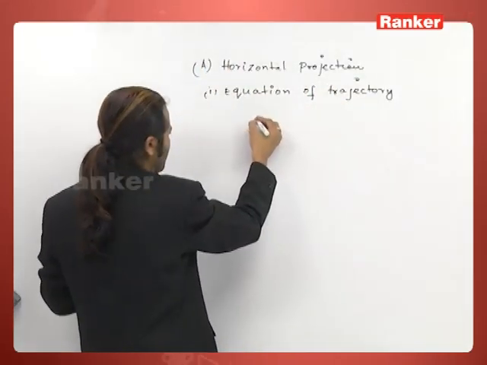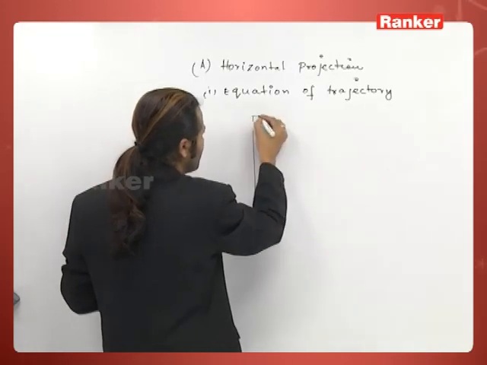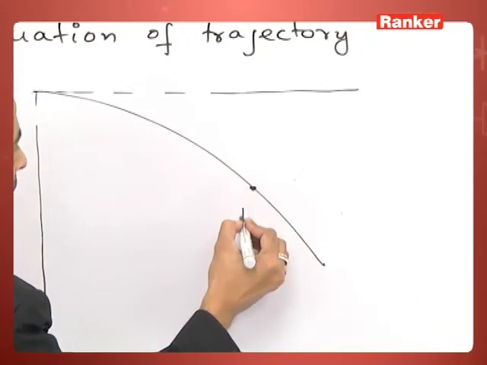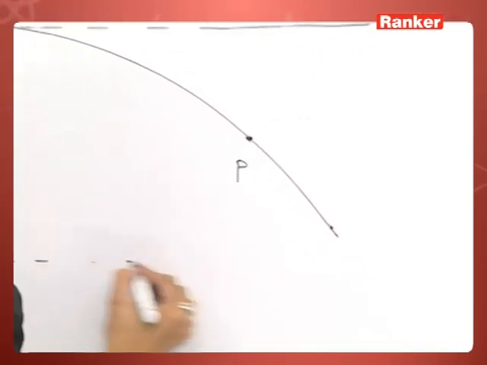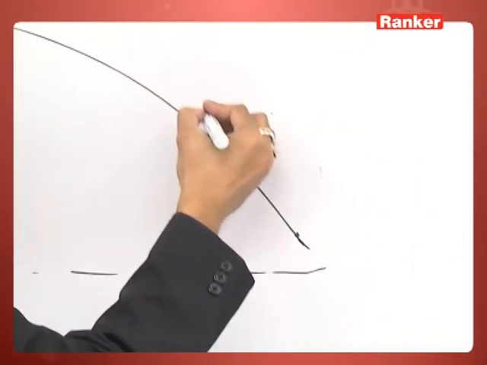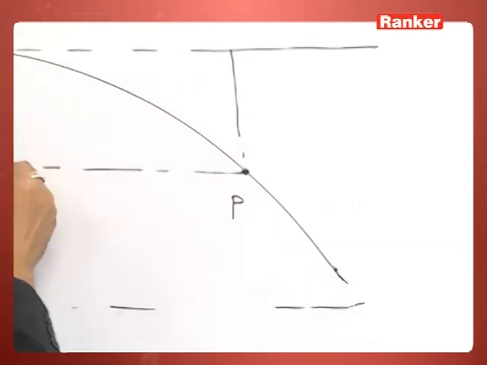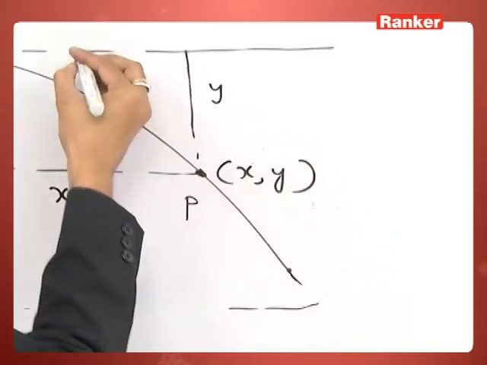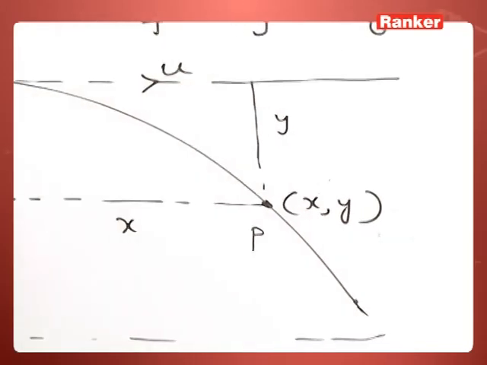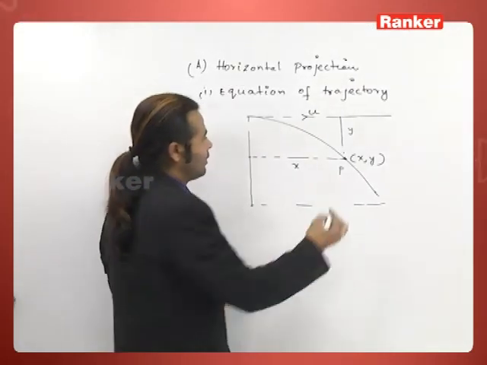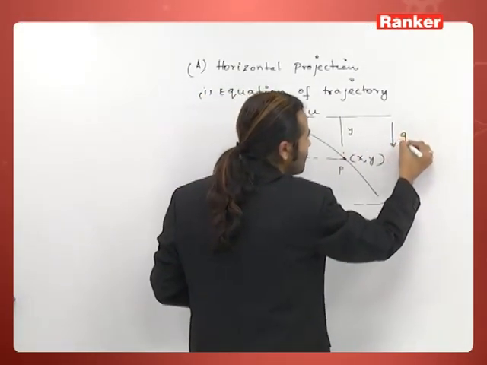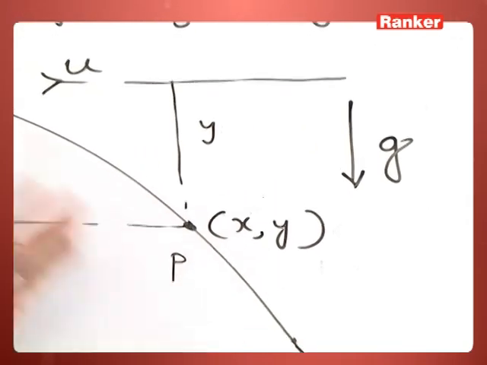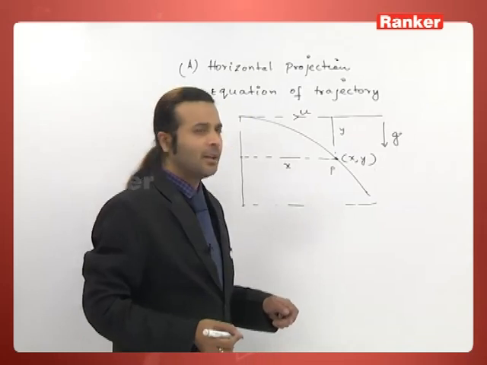That means I take this coordinate axis. I consider any point P, like this is X, this is Y. G is acting constant throughout the motion. So in this equation of trajectory, I consider any point P on the path followed by the projectile.